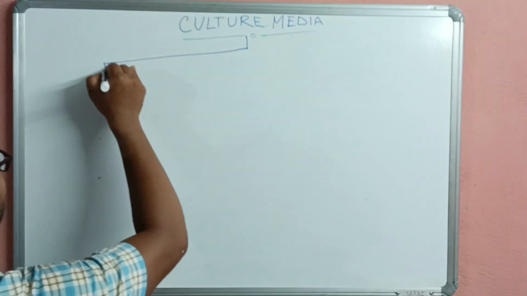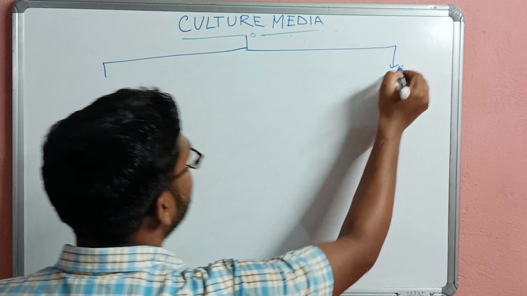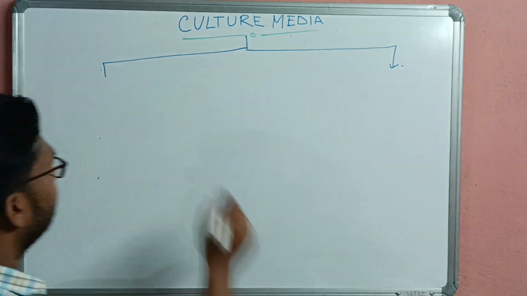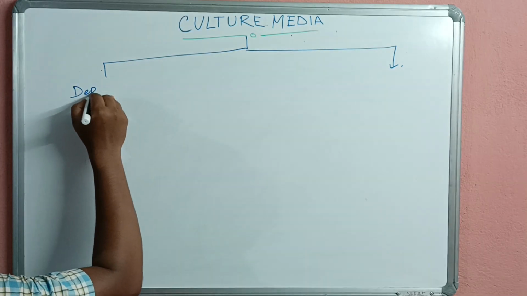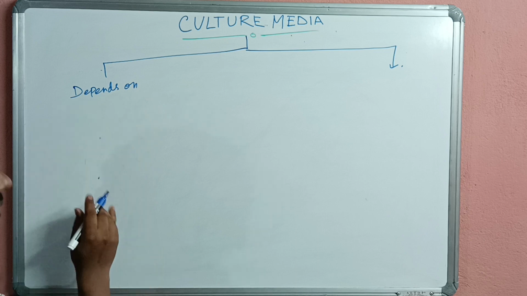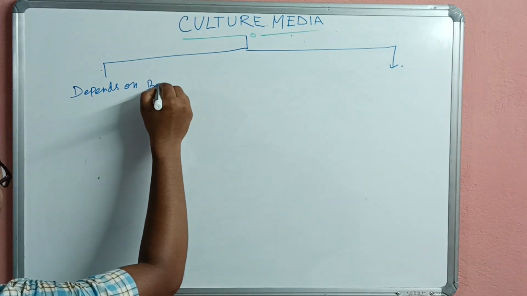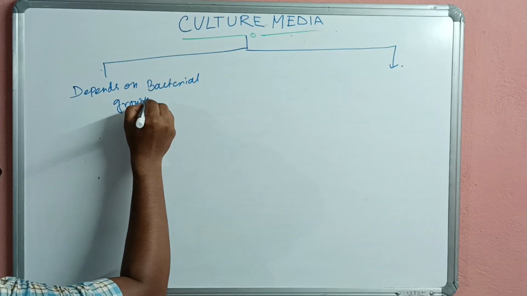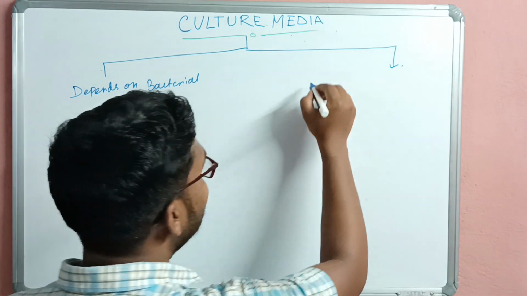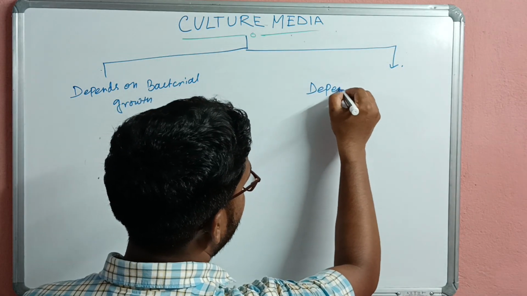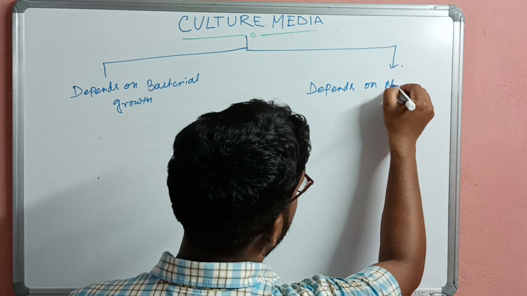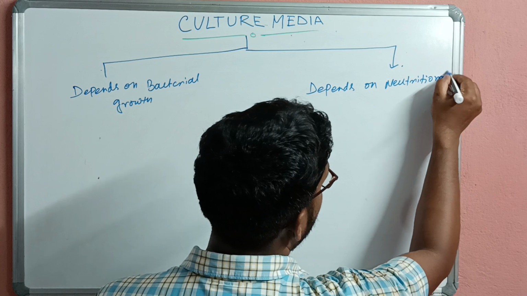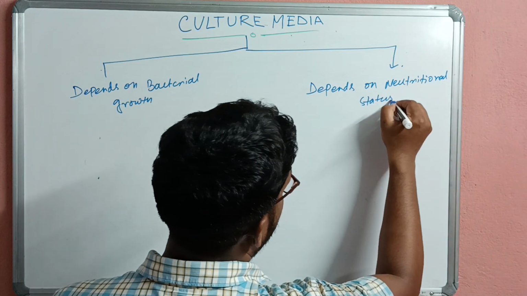As per classification, we generally divide media into two parts: one depends on bacterial growth, and the other depends on nutritional status.